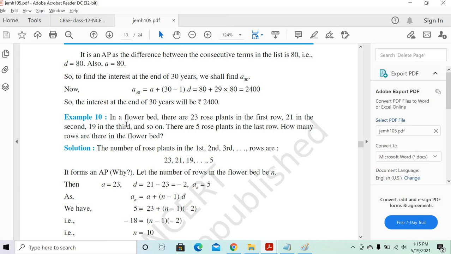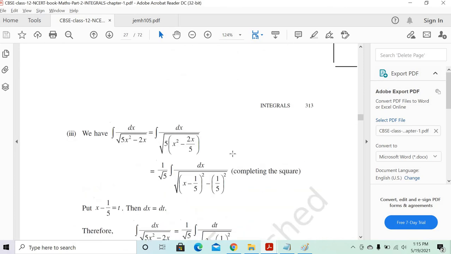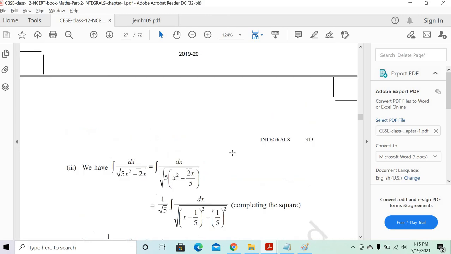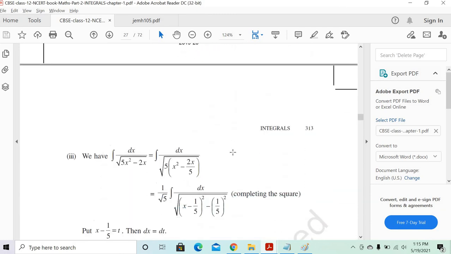Sir, I don't get this one. You didn't get this part? Okay. So again you need to complete the square now, Jay. Not clear how to complete the square in this part? Okay, let's see that. I'll go with the same method, no difference.